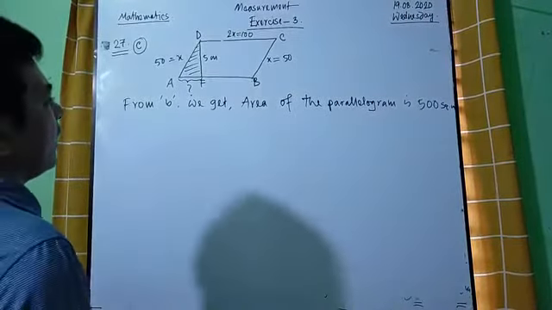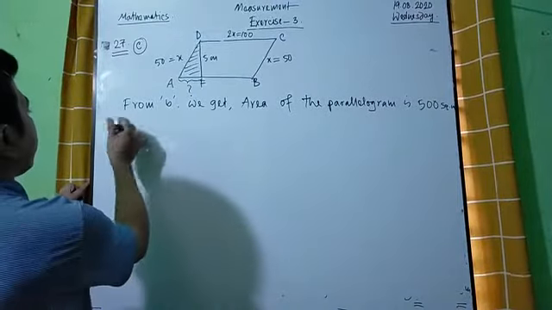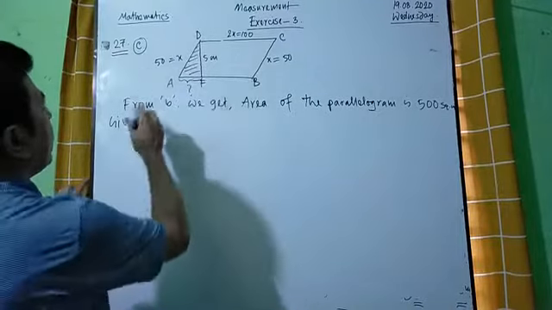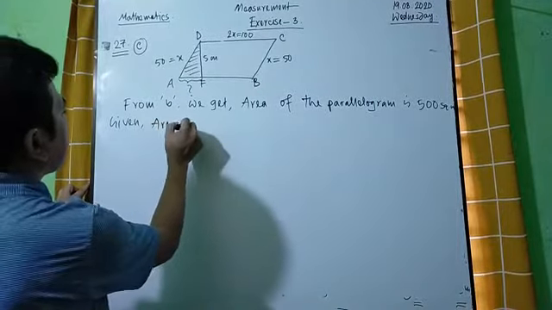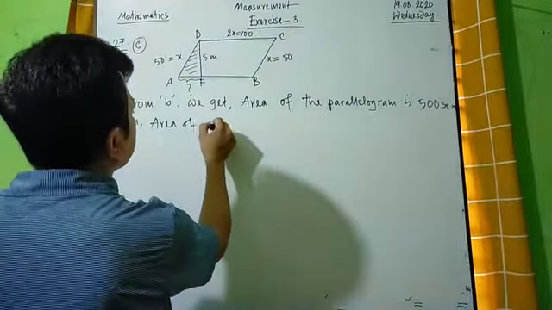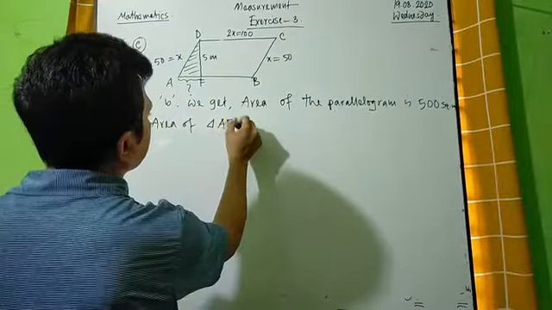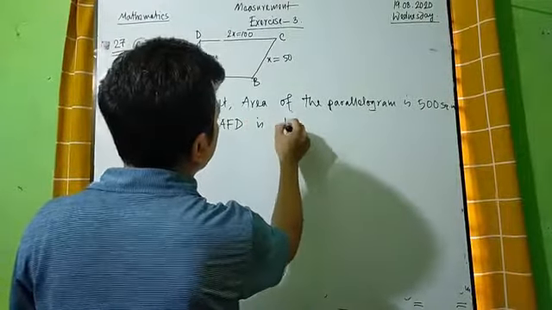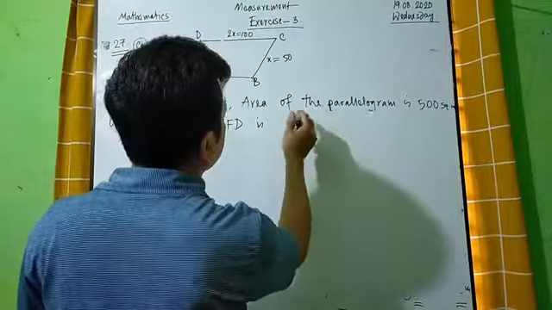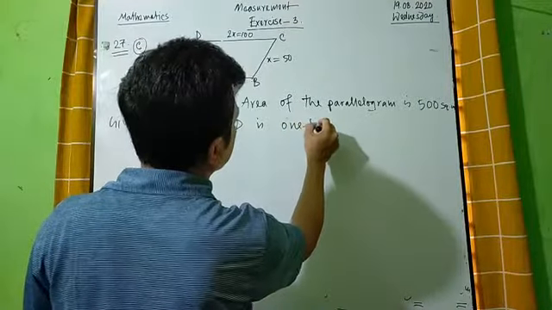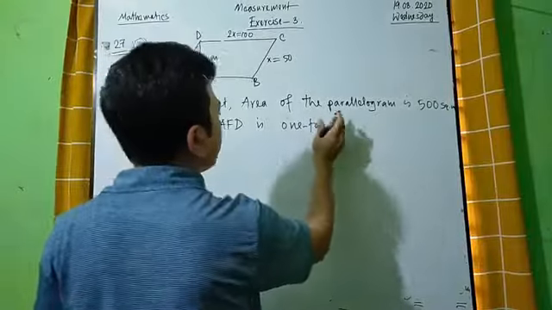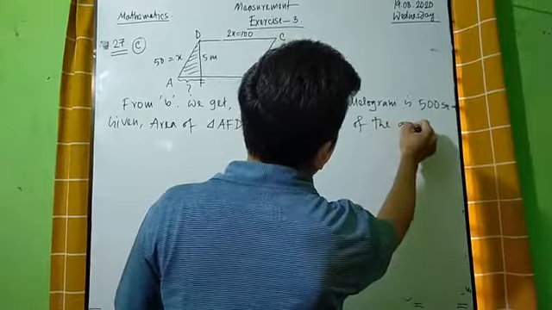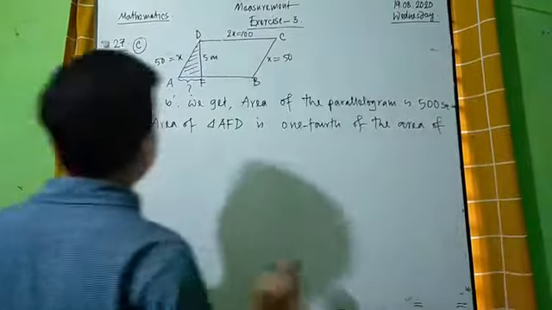What's given in the question? The area of the AFD triangle is 1/4, we can write in words one-fourth, of the area of the parallelogram.